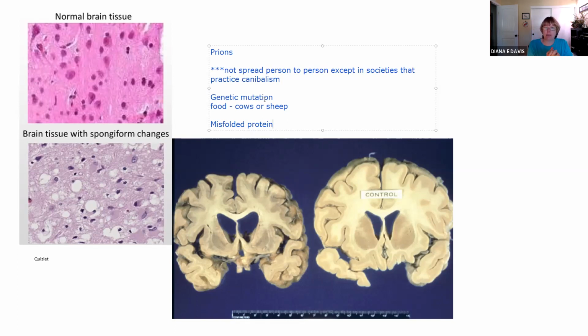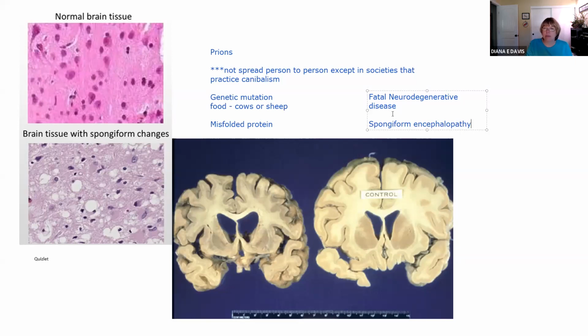It'll change its shape. And what this causes is a fatal neurodegenerative disease. And these are generally called spongiform encephalopathies.